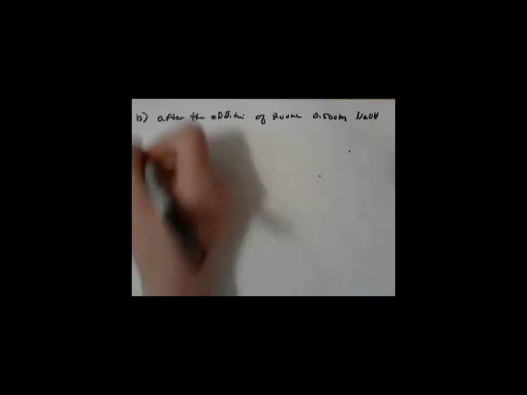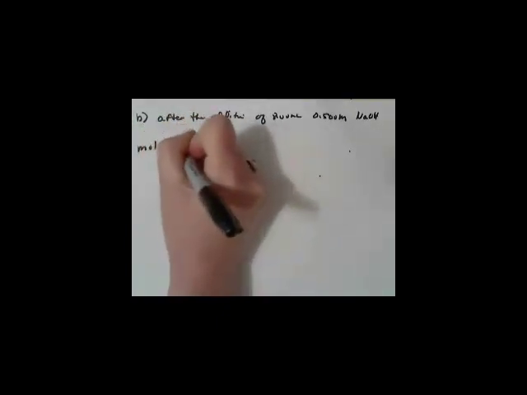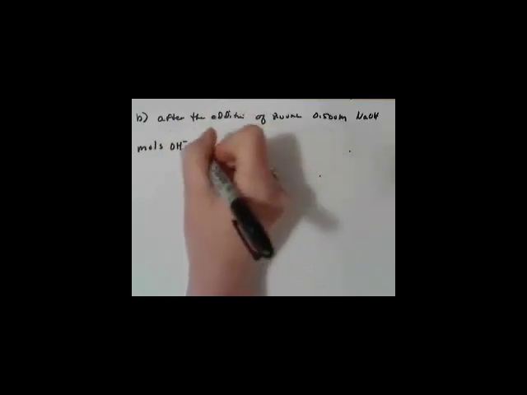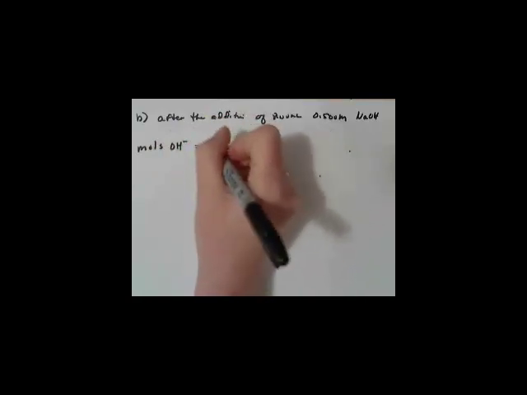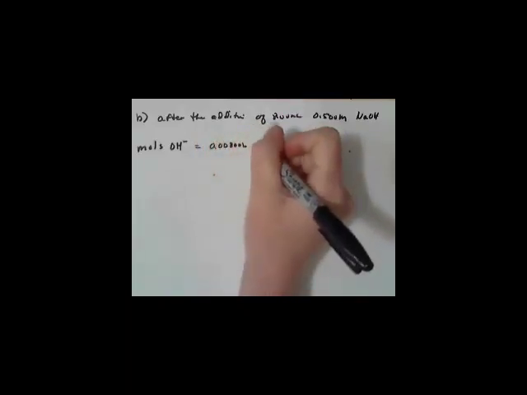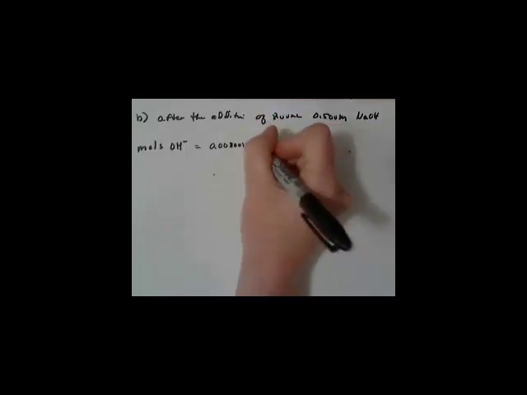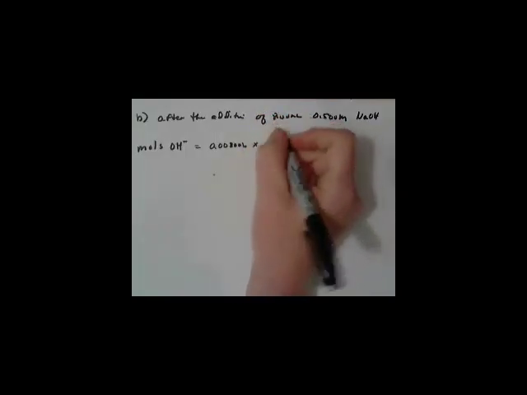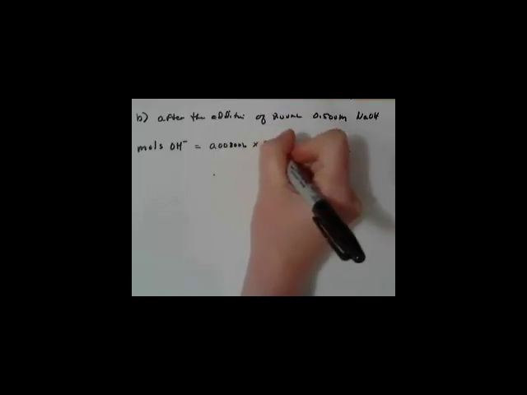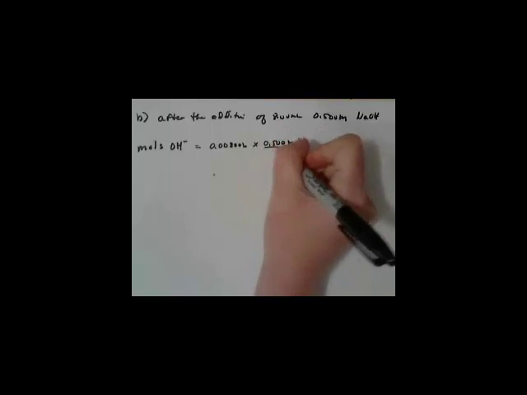So let's first determine the number of moles of hydroxide ion that has been added. We have 0.008 liters. You can use millimoles or moles; I'm just going to use moles. And of course, we have 0.5 moles per liter, the molarity of the sodium hydroxide.